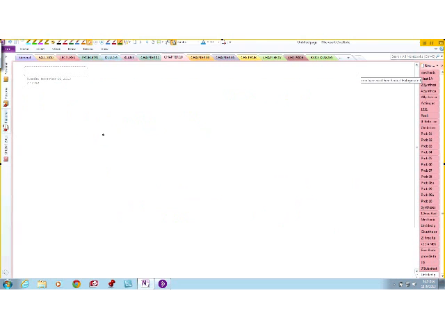In that case, supposing we have this molecule here.